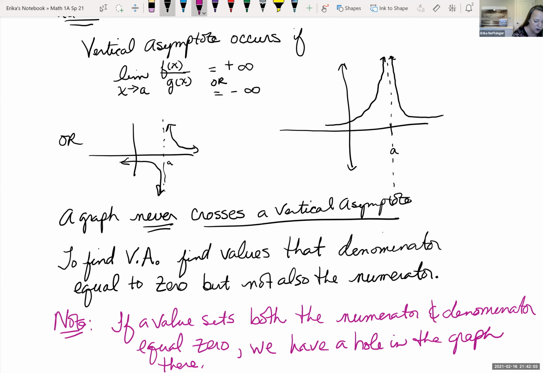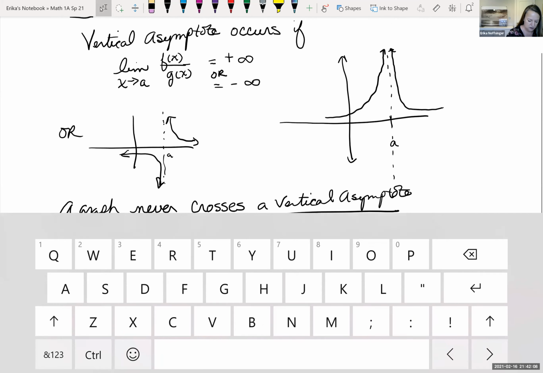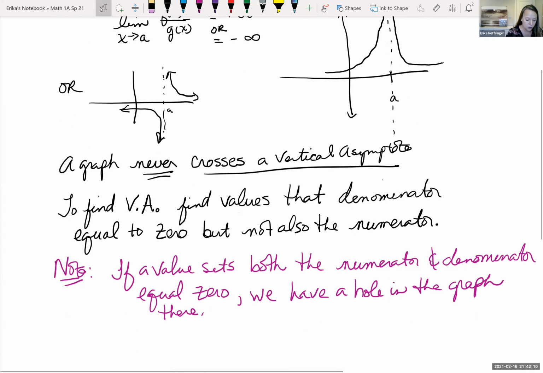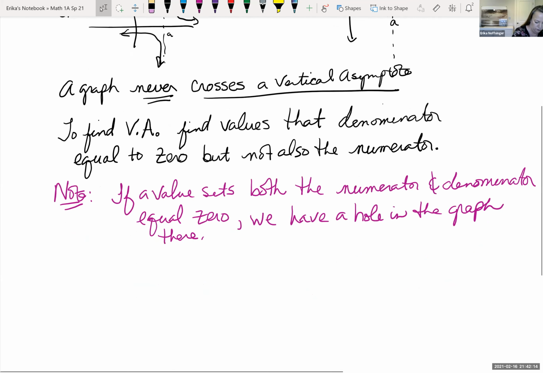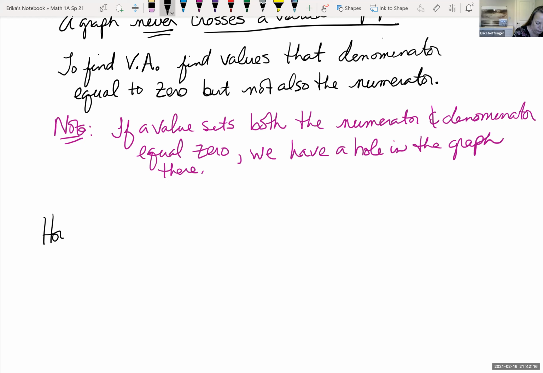And then horizontal asymptotes. So kind of a review over horizontal asymptotes. Now that we know about limits, we can use limits to define this.